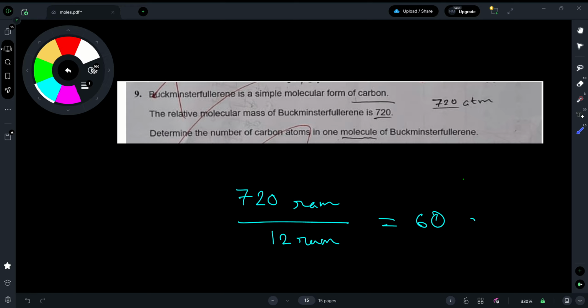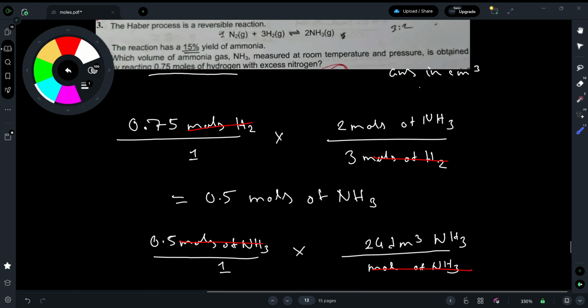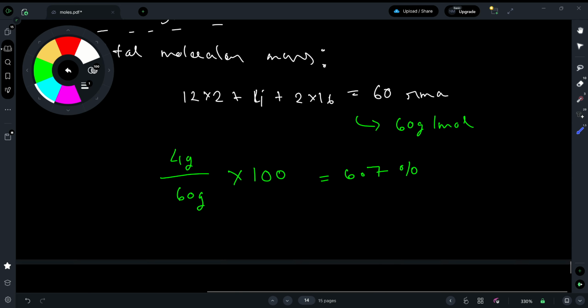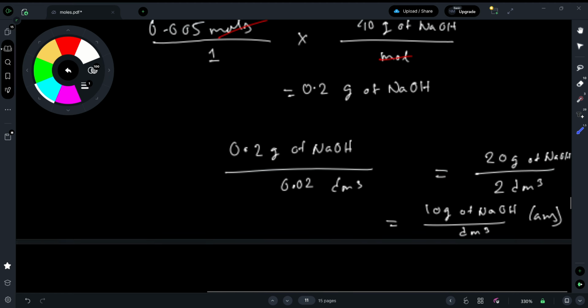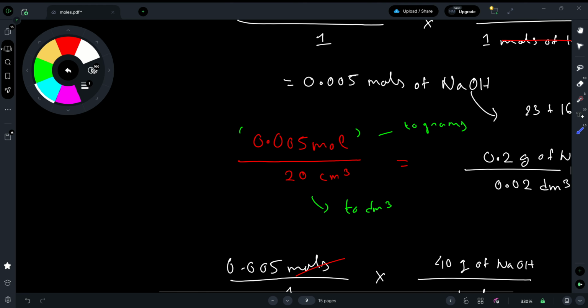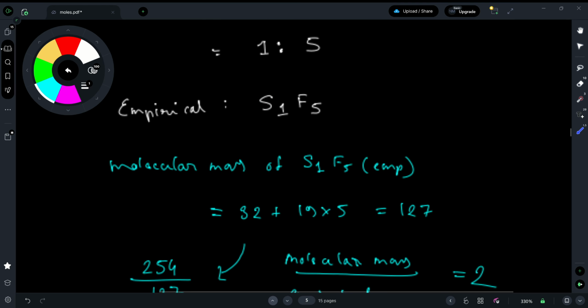So there are 60 carbon atoms, because one carbon atom has 12 relative atomic mass units. You could also find this using the first formula, the molar mass formula. Let me show how you derive that.